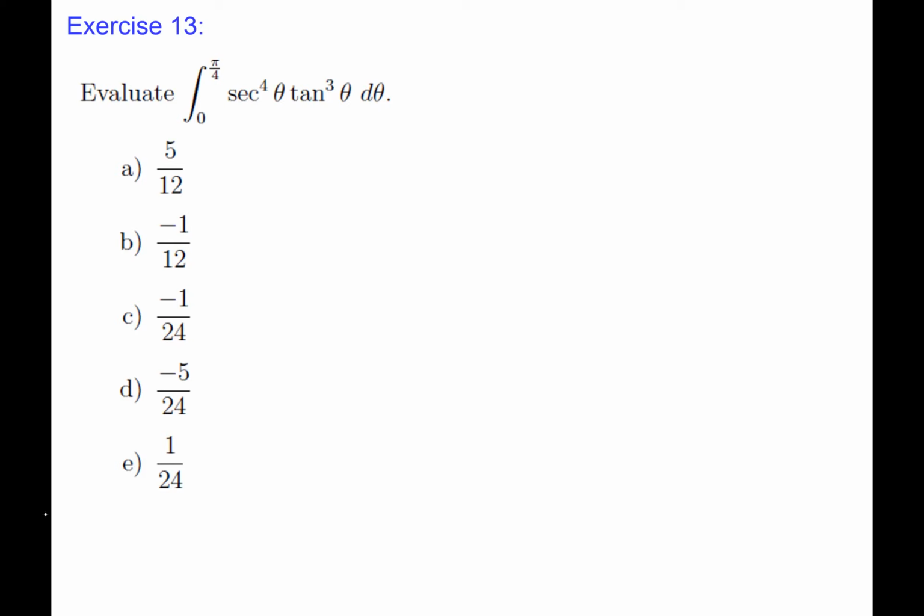I don't want you to memorize it, because when I start telling you, oh, what to do if one is even, one is odd, it will be too complicated. I can tell you this way, that sometimes the combination of these numbers, 4, 3, I don't know, 5, 6, 7, 8, could be even impossible to integrate.